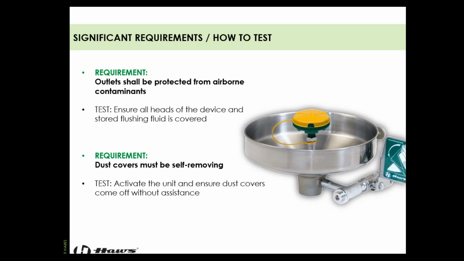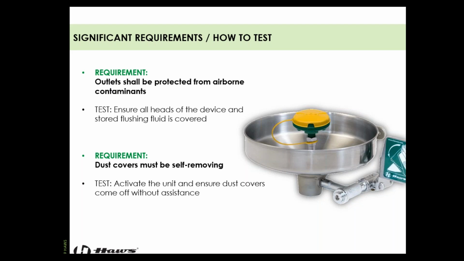Ideally, if it's self-contained, you're using something like our bacteriostatic preservative or cleansing stick, so that the water is preserved over a length of time, and to avoid that type of contamination. But all of the outlets have to be covered, except if they're facing down, like a shower. That wouldn't make any sense. There's no use for a dust cover on a shower. The nozzle is facing down, nothing's going to collect in there.